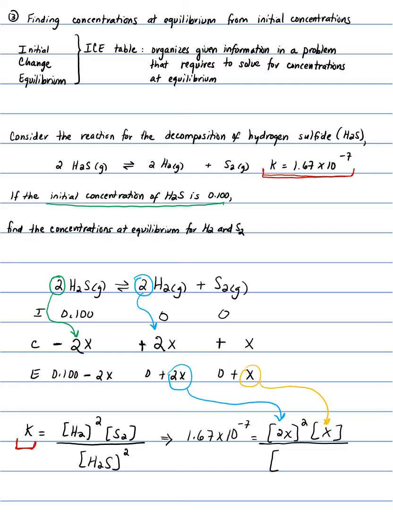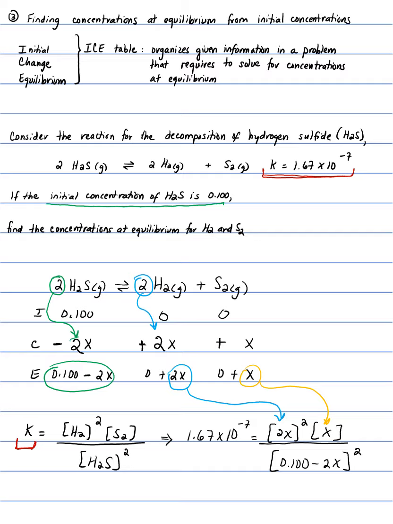For H2S, we have 0.100 minus 2x, and that will be squared. So now I have all of my concentrations at equilibrium from the ICE table. I'm plugging them into my equilibrium constant expression. We can solve for x. That will give you a numerical value that we can use to actually get how much the concentrations at equilibrium are.